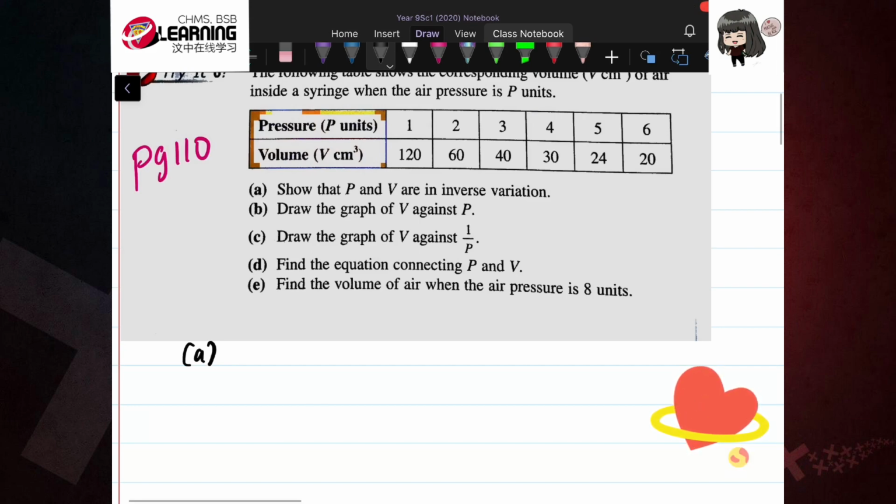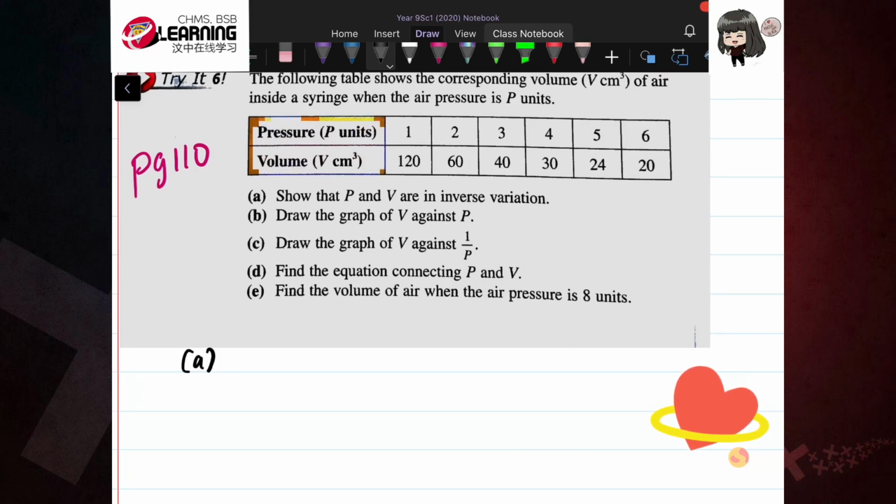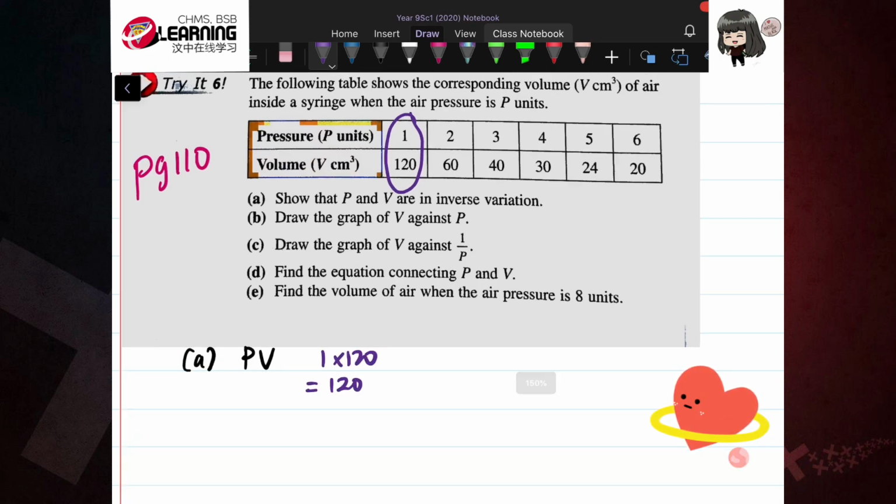So we multiply P with V. The first pair, 1 and 120: 1 times 120, we get 120.